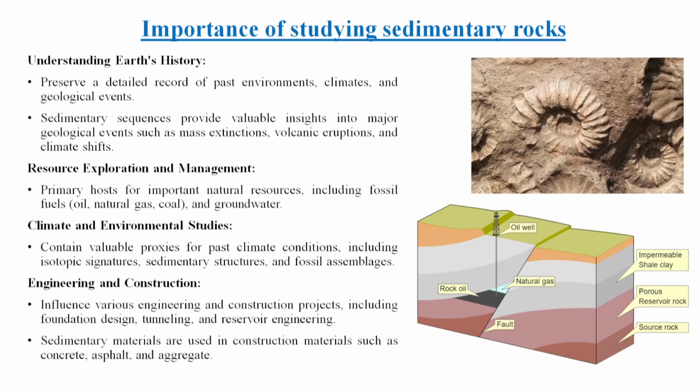Again, to target coal, you also have to understand the overlying or underlying sandstone layers within which a coal layer or set of coal layers are embedded. Similarly, in the case of petroleum, you can look at this example, a simple schematic diagram where you have impermeable shale and clay layers and some porous reservoir rock where your petroleum will be trapped.